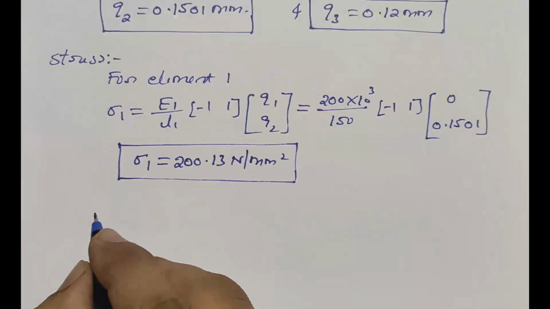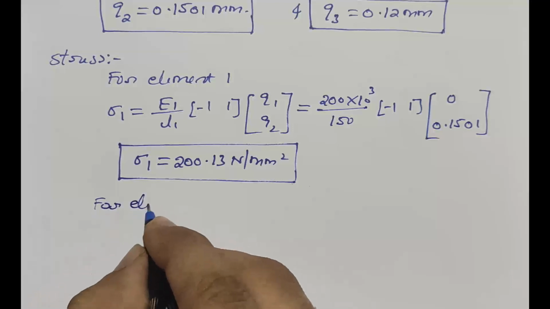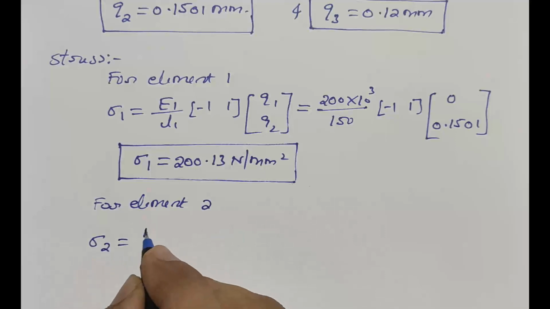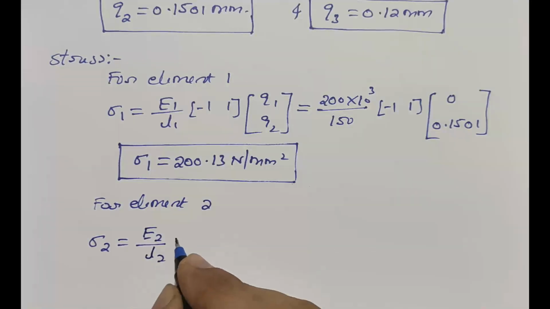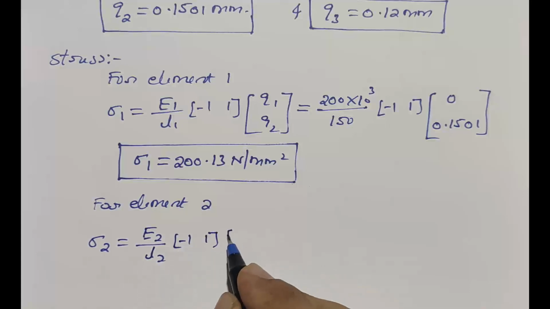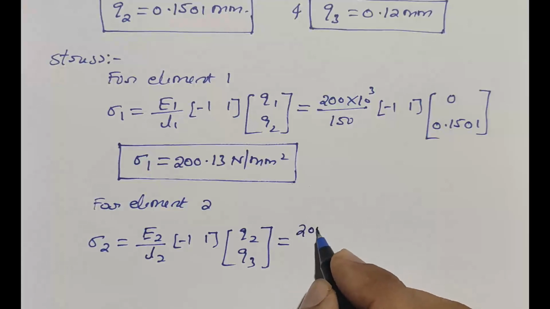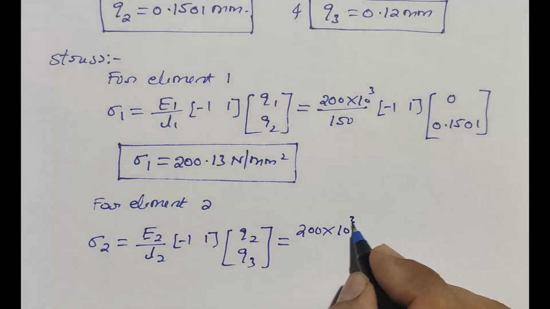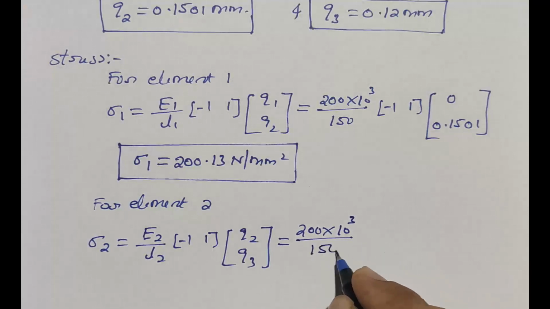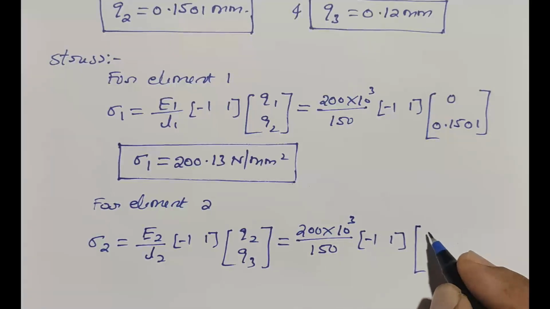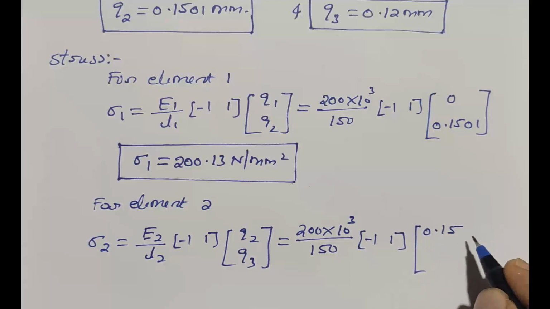Next, stress in the second element. For element 2, sigma 2 is E2 by L2 times minus 1, 1, times Q2, Q3, is equal to 200 into 10 power 3 by the length 150, times minus 1, 1, into Q2 is 0.1501 and Q3 is 0.12.